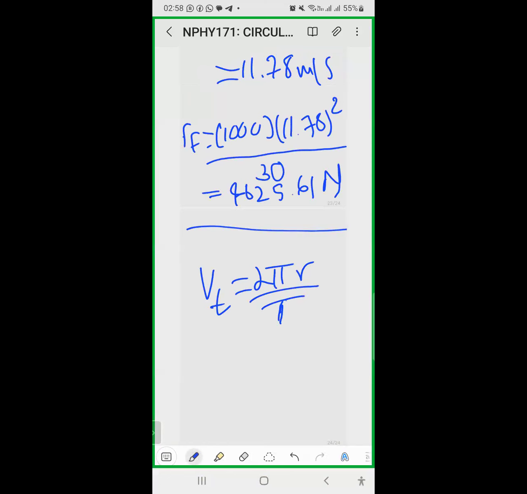So since we are using the context of one complete revolution, which is 2 pi, we also have to consider the total time to complete this one revolution, right? So we're going to have to look for the time taken to complete this one revolution. How are we going to find that time?